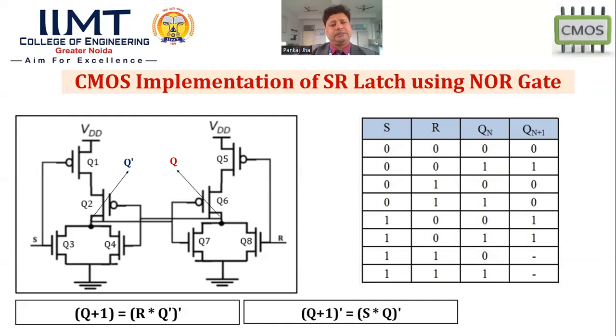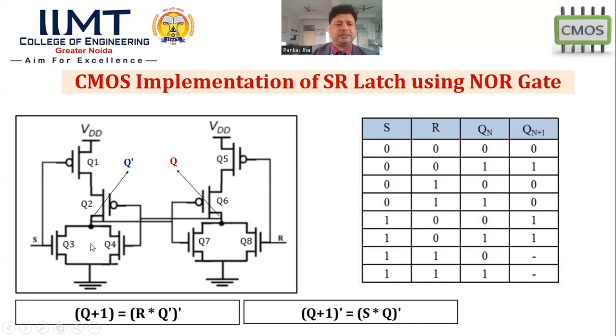You can see here that in this circuit S and Q, I have denoted here Q, are in parallel in terms of transistors Q3 and Q4. And for PMOS logic, these transistors are in series.